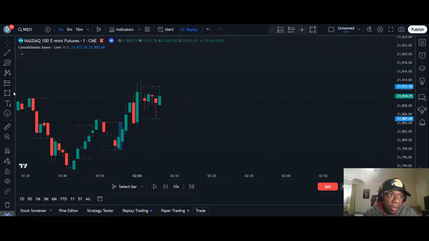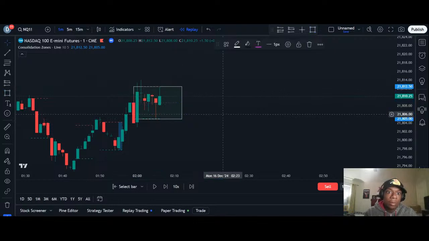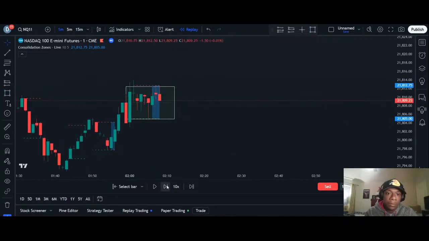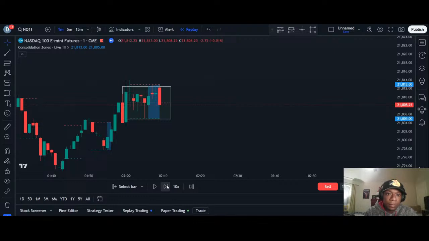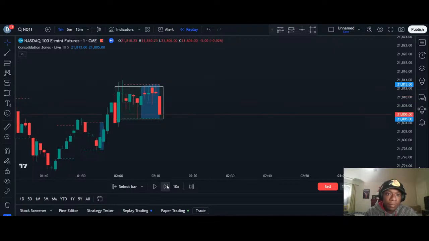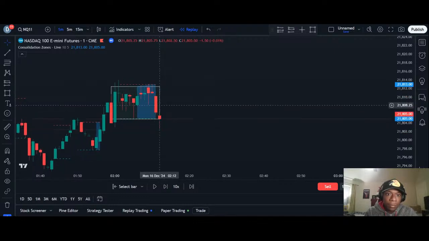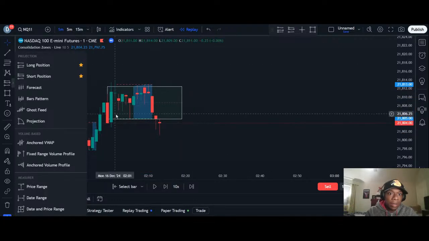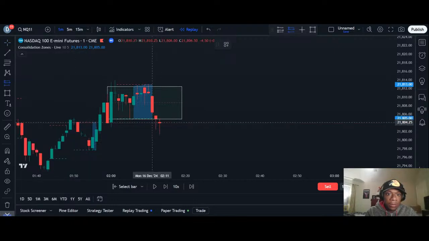So this is the 1 minute first trade of the day. Wait for the close above. Boom. Okay, we got the close. We got the close below the zone.